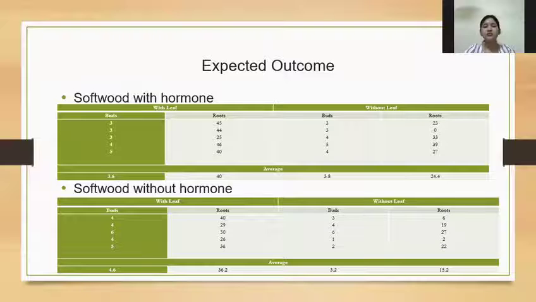So these are the expected outcome that we have discussed, where again, we divided them into 3 parts for softwood, semi-hardwood, and hardwood. So for softwood, with hormone and without hormone, both with leaf, they will produce more number of roots compared to without leaf.